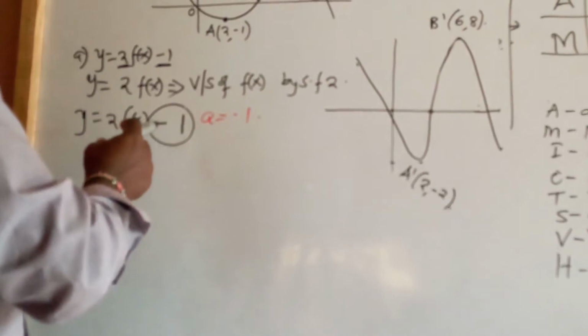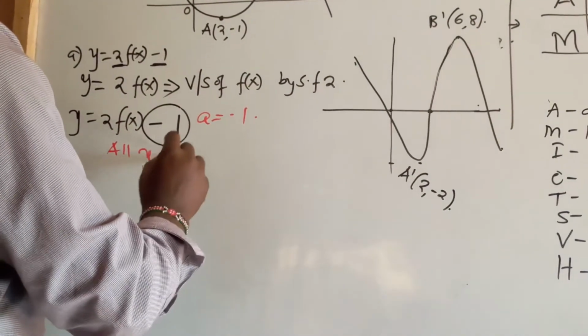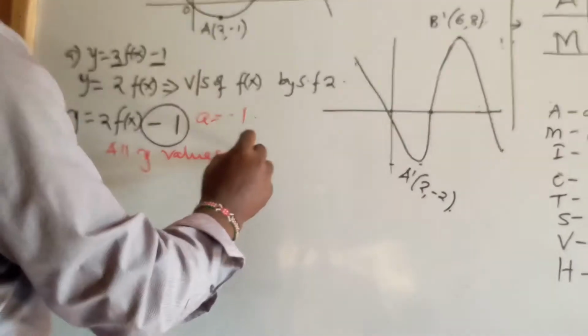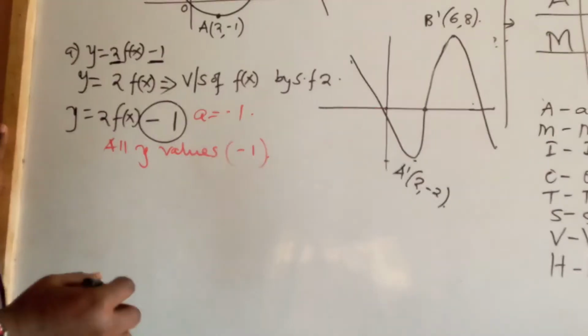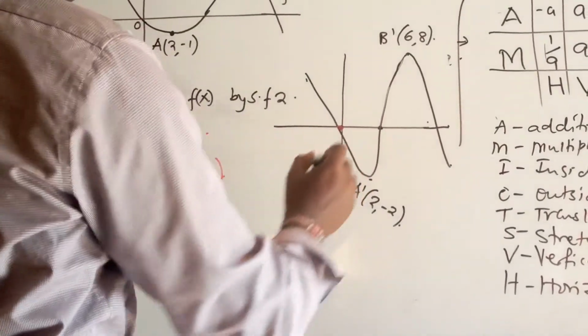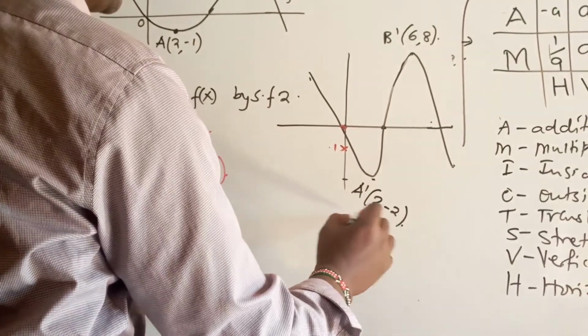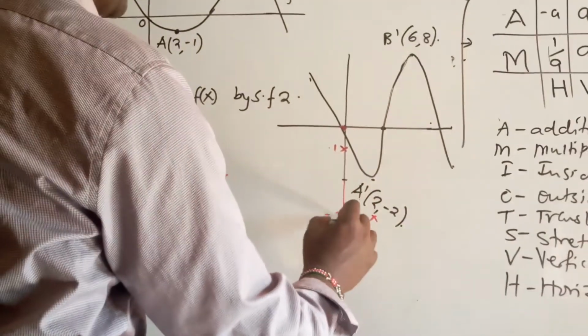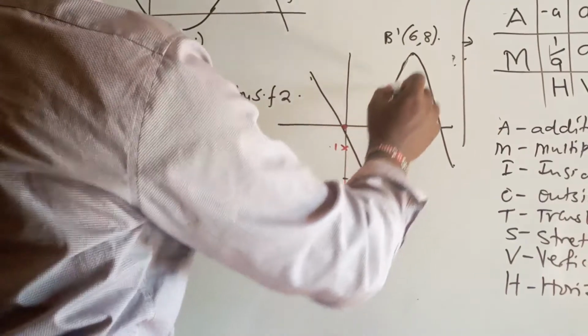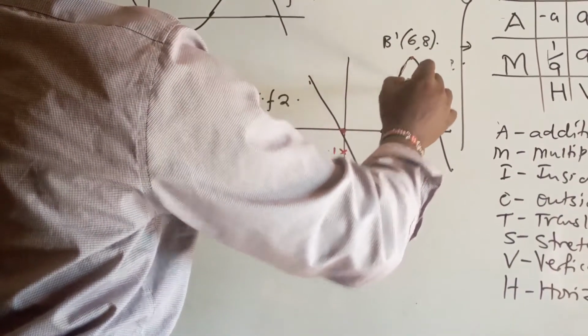It means all y values subtract 1. So if this was 0, then it will become -1. If this is -2, it's going to become -3. If this is 8, minus 1 is going to be 7.